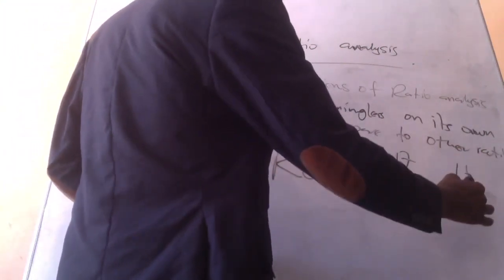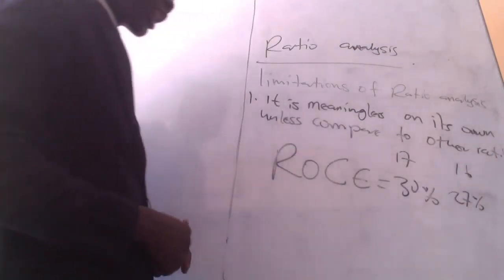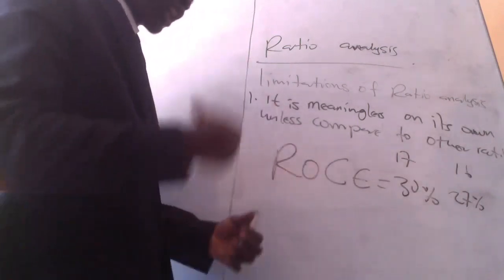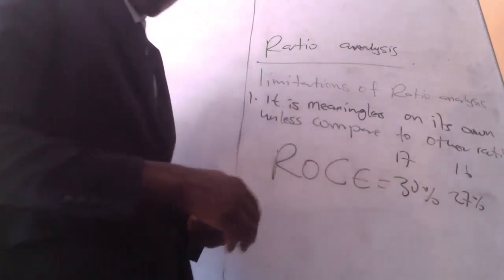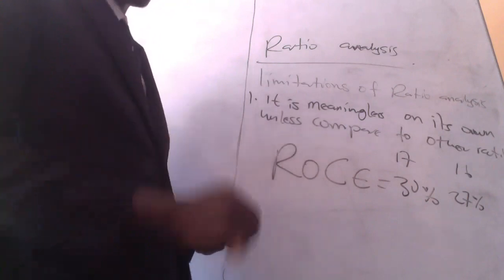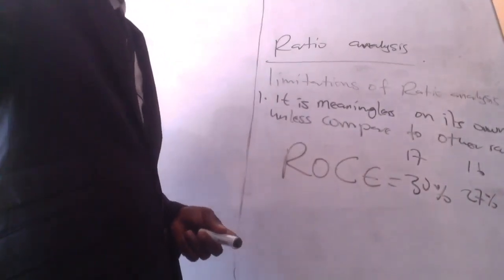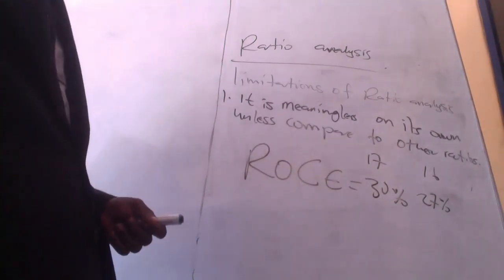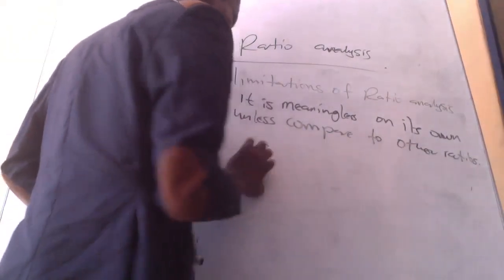Last year, the ROCE was 27%. Okay, so in terms of ROCE, it has decreased. So now I can tell the performance from the movement. So take note of this. Okay, so that's point one.